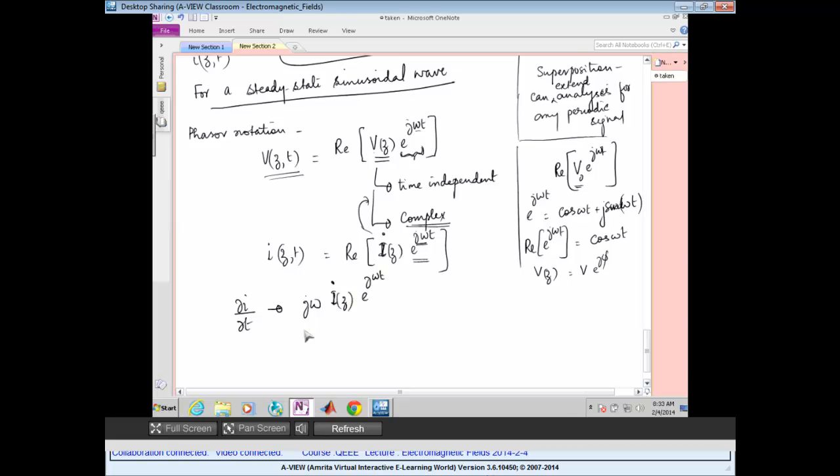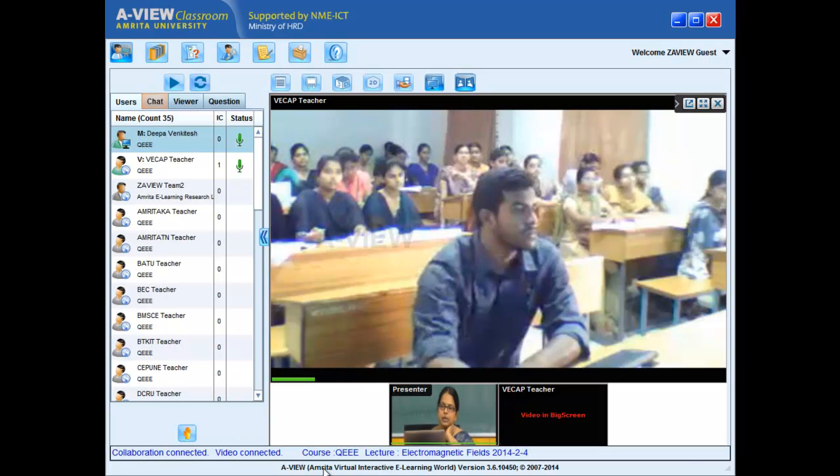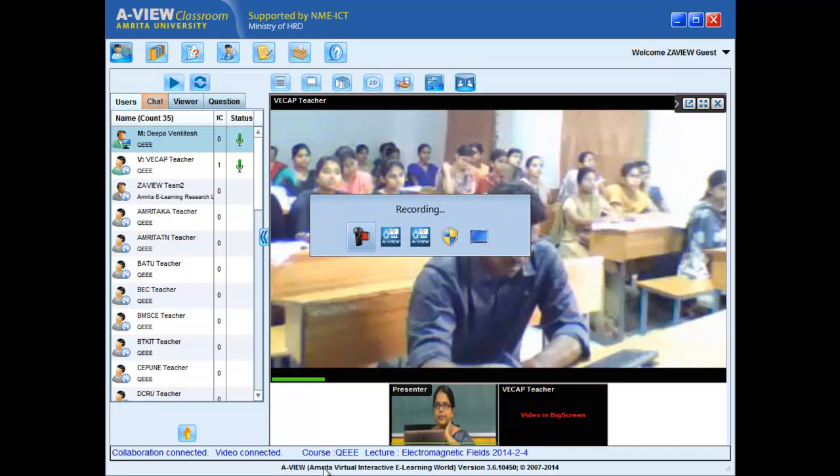So that's the advantage of phasor notation. A derivative will now become a multiplier, right? And this is the reason why we went on to do this, because our analysis becomes simpler. So a derivative with respect to time, you can just replace it with a j omega.